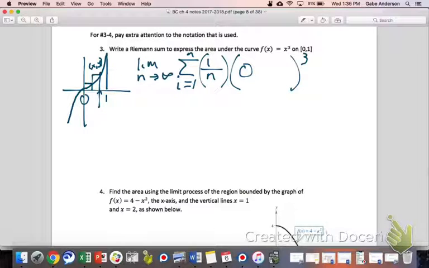So if you think about it, for me to get over to the next height, how much am I going to have to add to that 0 to get the correct input? Say again? Right. Aren't I going to have to add the width of a rectangle to get to the next rectangle? And each rectangle is 1 over n. So here's where I can almost get it, but not quite.